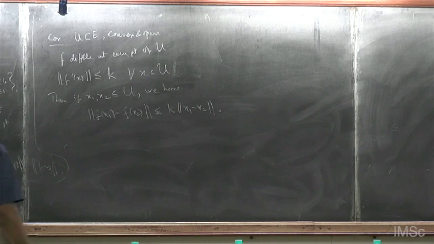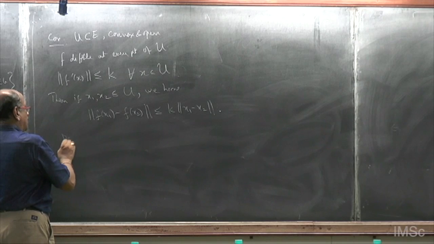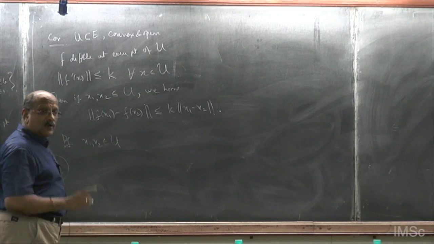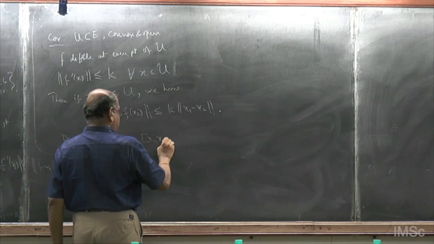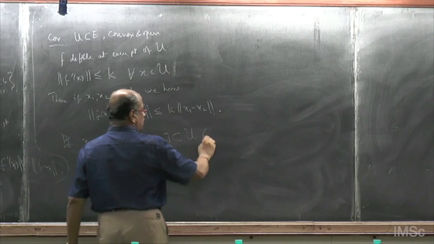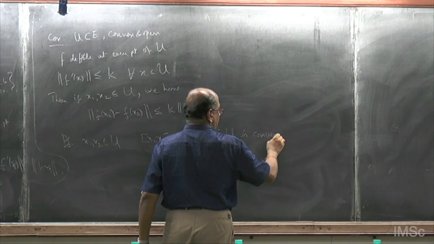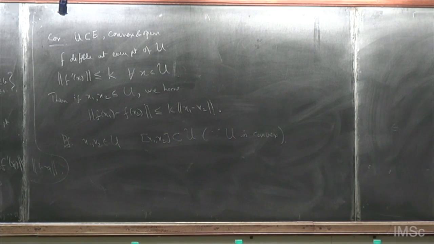Why? Proof: if x1 and x2 belong to U, U is a convex set and therefore the segment [x1, x2] is contained in U. What do you mean by a convex set? If you take any 2 points, the line segment containing those 2 points is in the set.